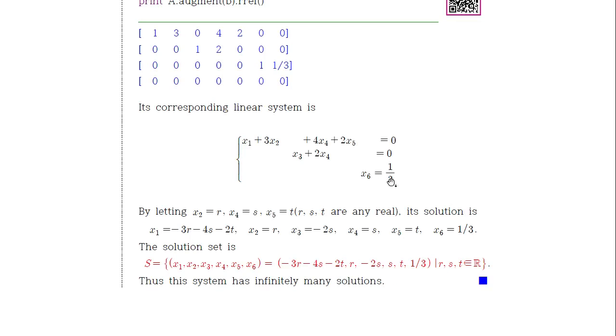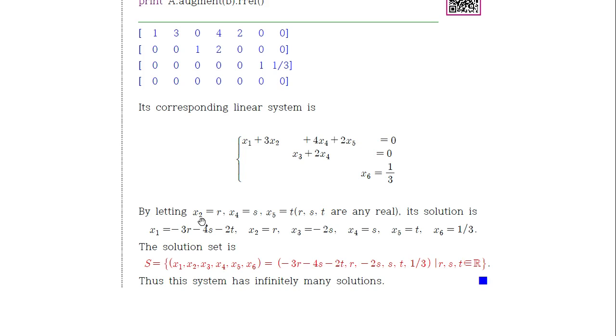From here, we have six variables and only three equations. So except for these leading ones, x2, x4, and x5 are free.